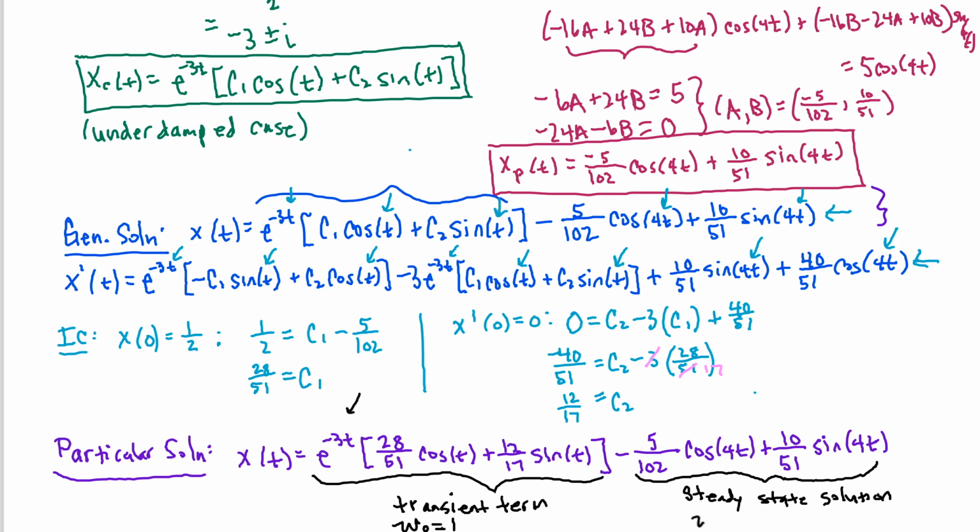We can see here that the frequency is 4, or we could say the period is 2 pi over 4, or pi over 2. We could also see that the amplitude, which previously we called c, would be the square root of, we want to get specific here, 5 over 102 squared plus 10 over 51 squared.